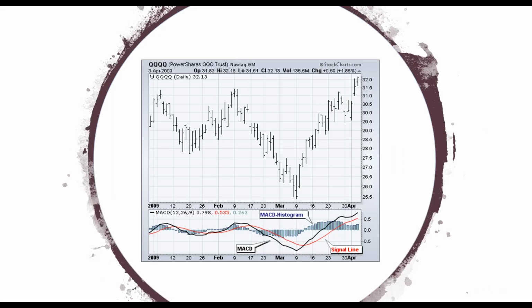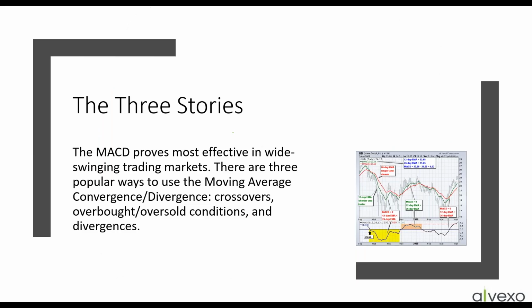Now, MACD tells three different stories. We can use it in three different ways. It shows us divergences, crossovers, and overbought and oversold conditions.